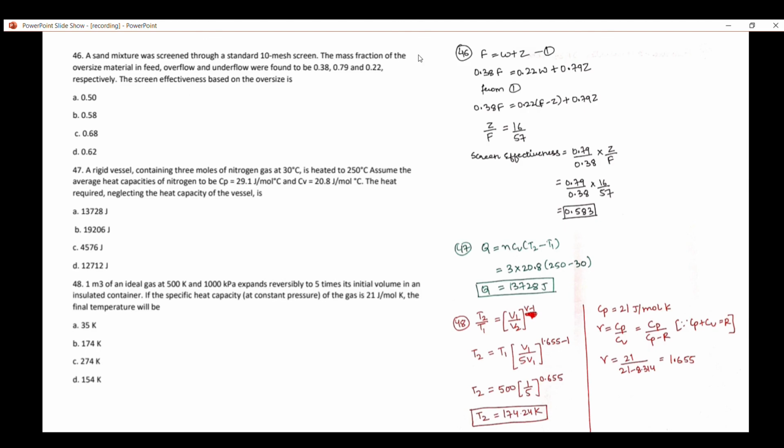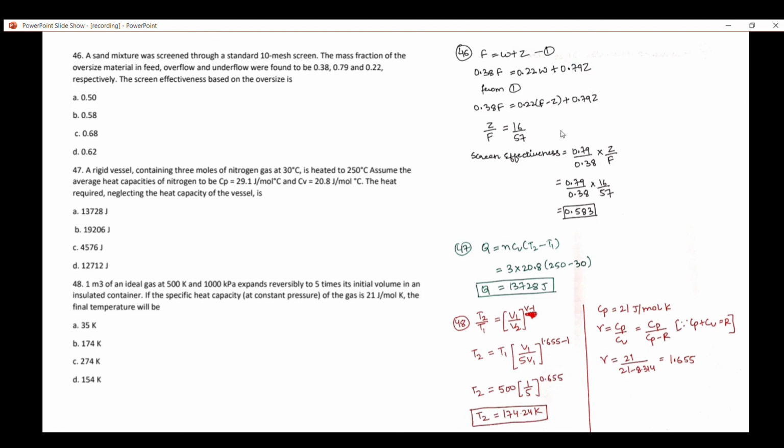So we know that feed is equal to W plus Z, which is overflow material plus the underflow material. Basic mass balance we are doing here. So on doing that, we will get Z by F is equal to 16 by 57.